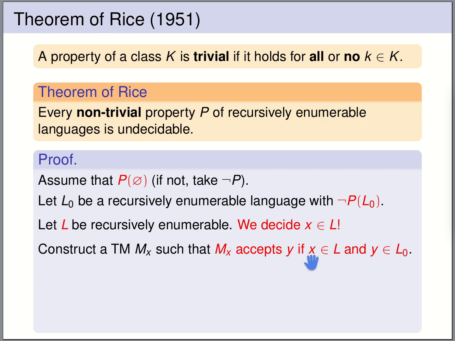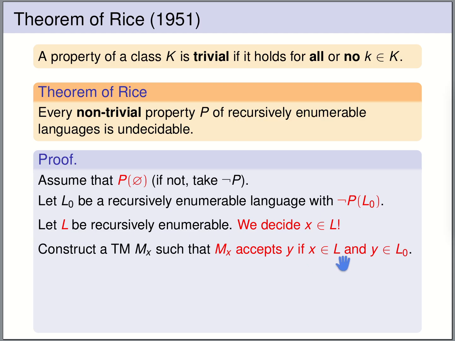First, it checks whether X is in L. So L was recursively enumerable. We assume that we have a Turing machine for L. So we can simply run this Turing machine and we see whether X is in the language L. And if this is accepted, then we start a second Turing machine, namely the Turing machine for L0, and we check whether the input given to MX is in L0.